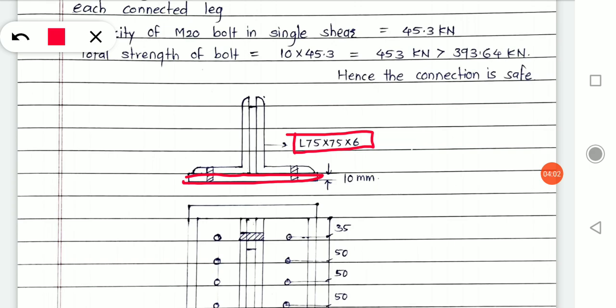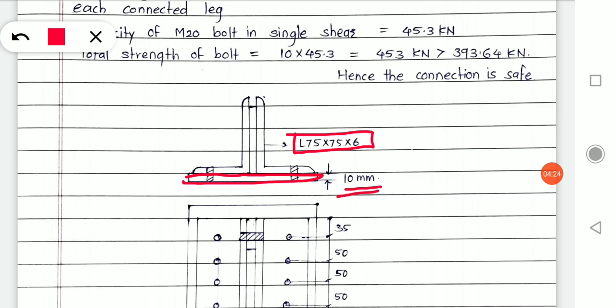Even the gusset plate thickness is the same. If you remember, the angle we used in the previous problem is 75 by 75 by 6 and the gusset plate is of 10 mm thickness. Nothing has changed. I have taken exactly the same problem, only the angle positions have been changed.